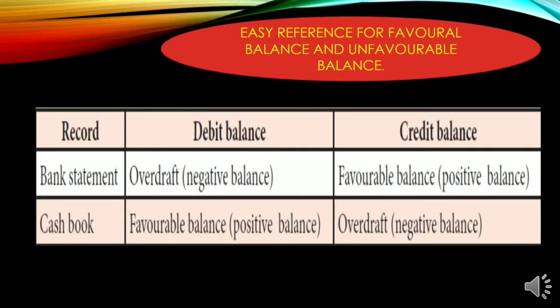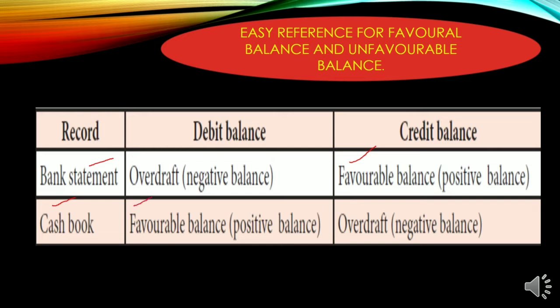So for easy reference, I made these boxes here. These boxes are very important. The first one is the bank statement. In the bank statement, a credit balance is favorable, whereas in the cash book it should be on the debit side.